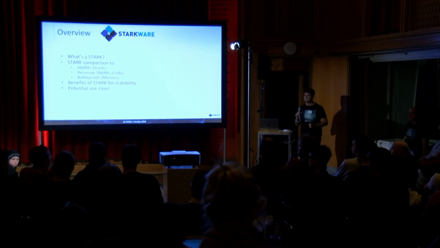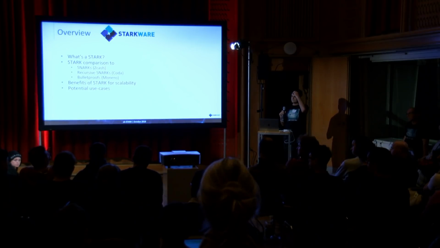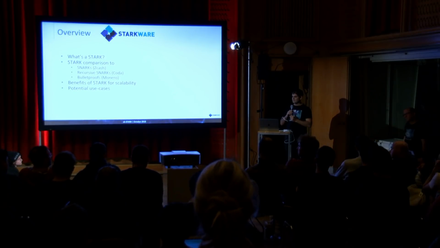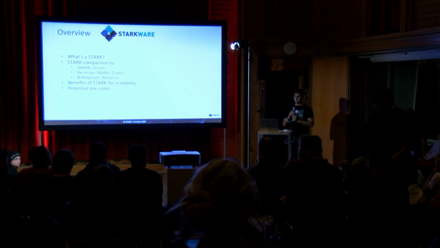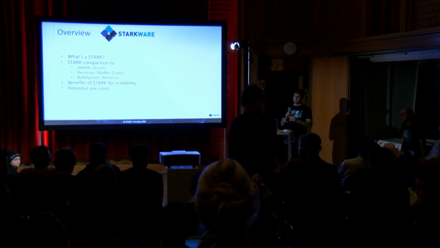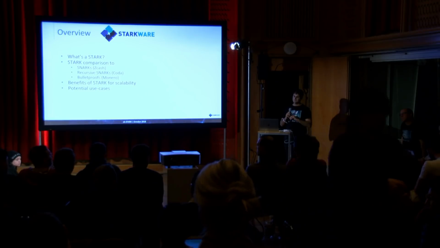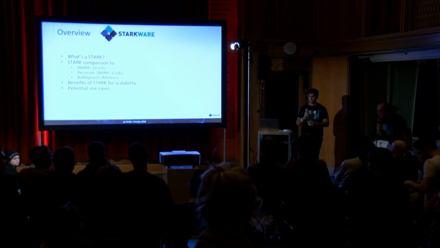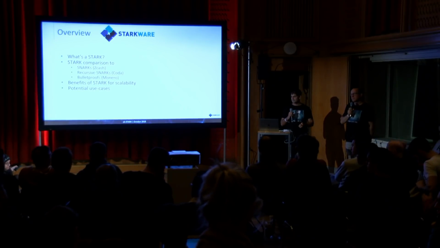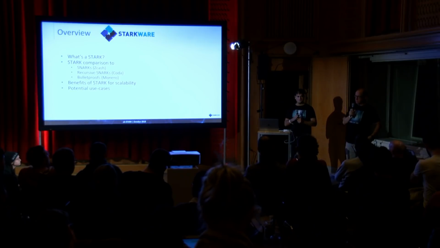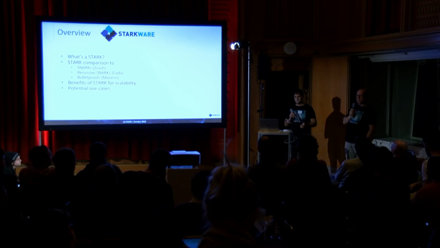If I understood well, you say that you can have fully homomorphic encryption with this technique also, because you can compile a smart contract. Could you repeat the question? No, STARK is not fully homomorphic encryption. It's a zero knowledge proof system.